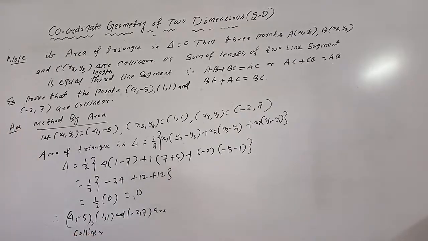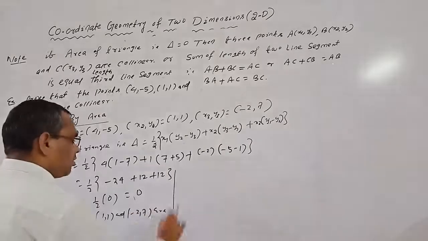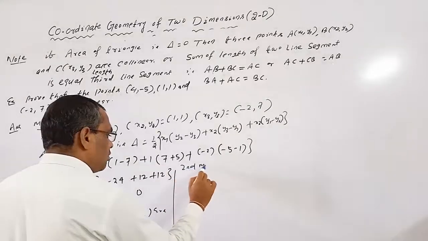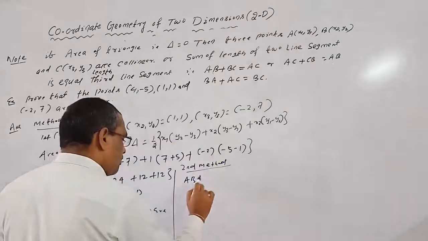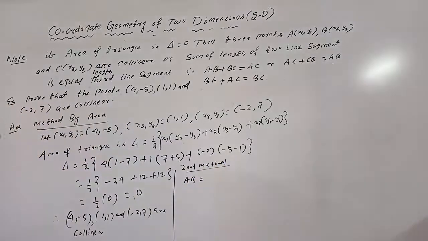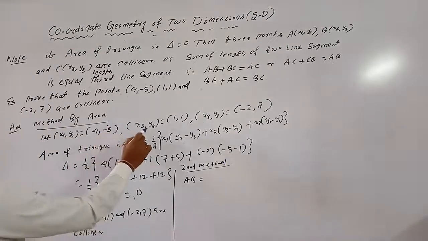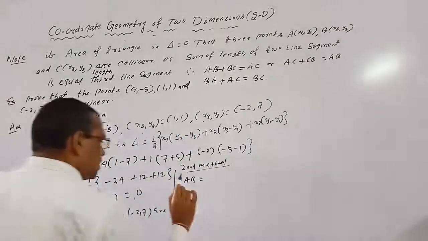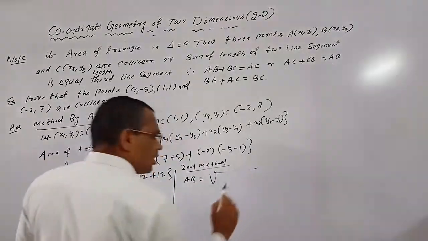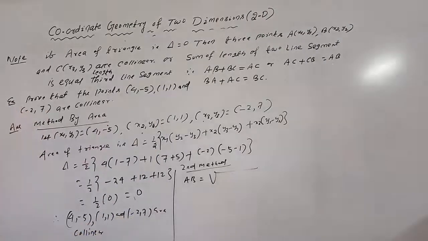Or by using the distance method, second method, first you have to find the distance AB. Let this be A, this one B and the third one C. So distance AB means the root of the x coordinate difference square plus the y coordinate difference square.